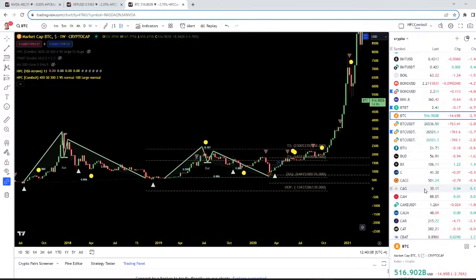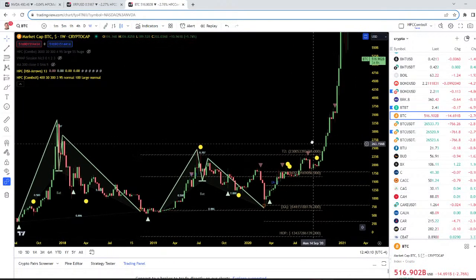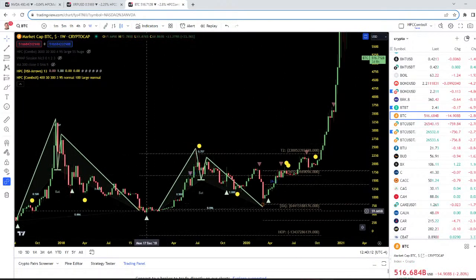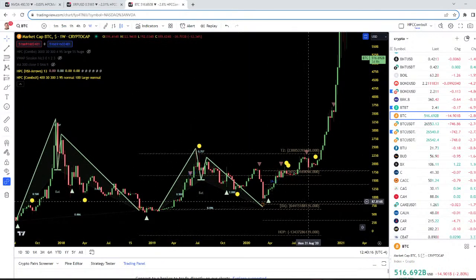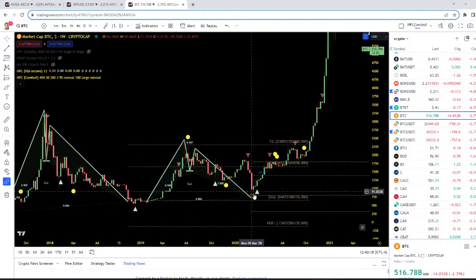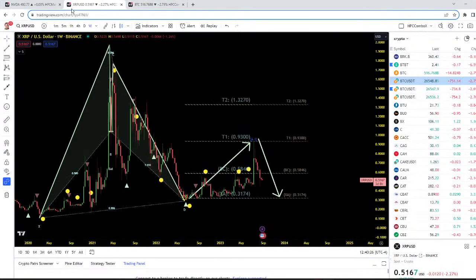I get the feeling it's like the bat pattern we had in Bitcoin, and now you're going to come back, and it might be a really quick retest, maybe 37 or 35 cents on XRP. You're actually close to a type 2, and that's one of the few cryptos really showing something like that nicely.